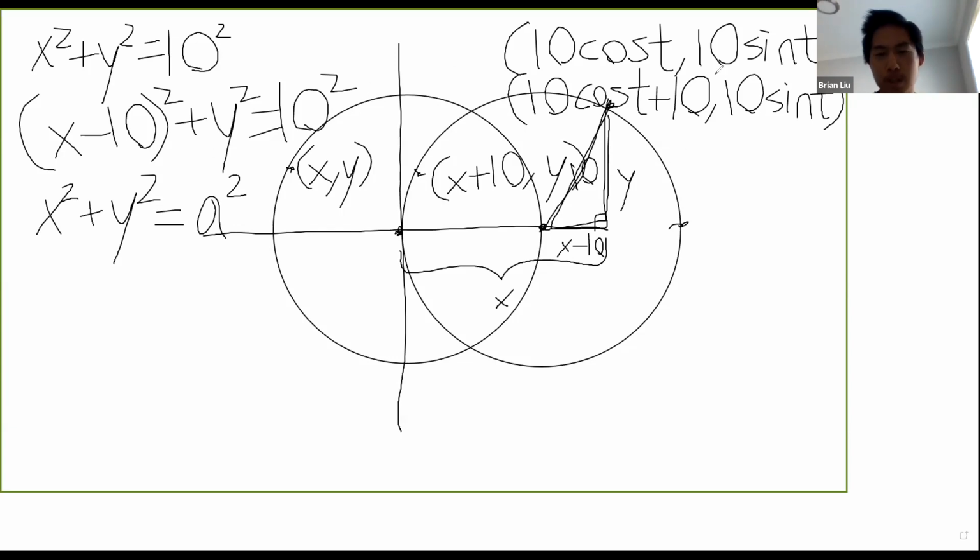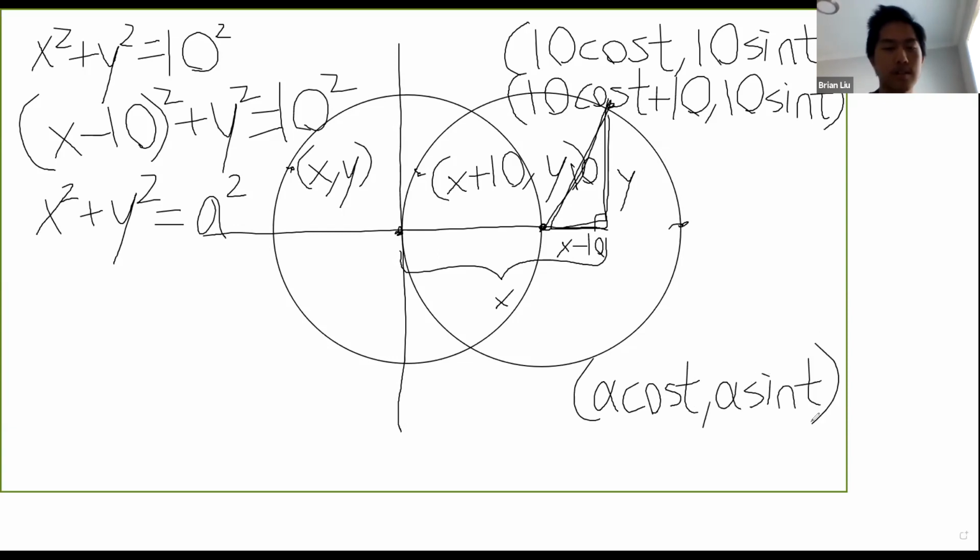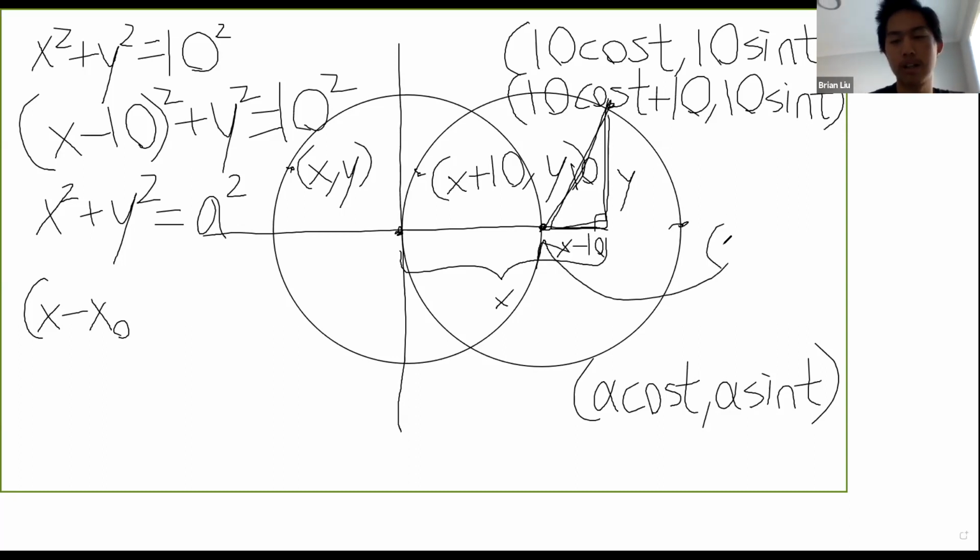And for the parametric one, we have just the radius times cosine t, and then the radius times sine t. Right? And if we want to shift it around, then instead of just x squared, we can have x minus the center. Say we call the center here x0, y0.